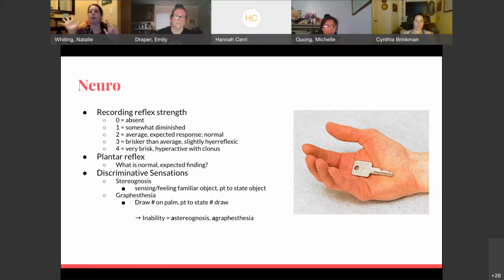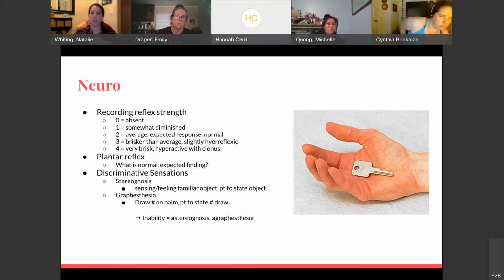If the toes fan out and dorsiflex, going upward like that, that's called the Babinski. That's a normal finding in infants, but it disappears by age 1. If you find that in an adult patient, it's an issue. There's some sort of lesion in the brain causing that.